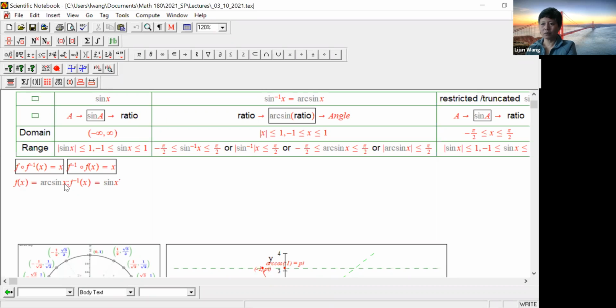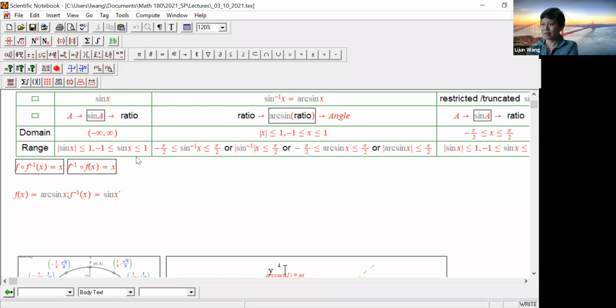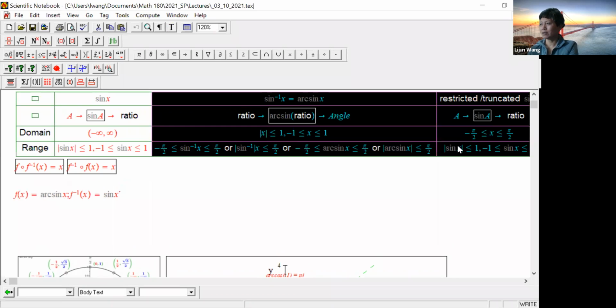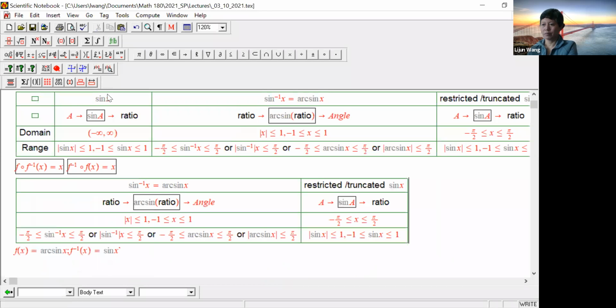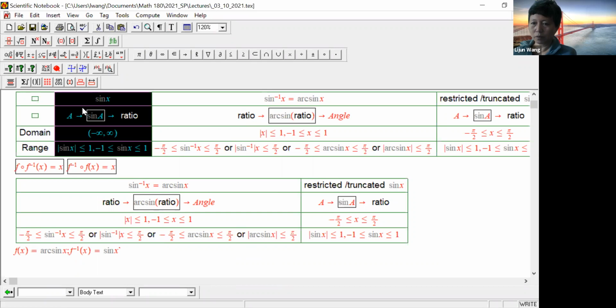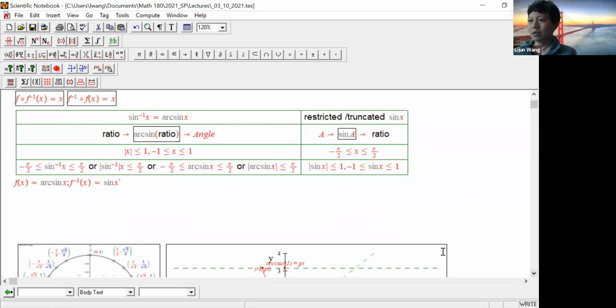But for the sine, we have to specify the domain and range. So what I'm going to do is take only this piece and put it over here. So just forget this for the moment. You're going to have plenty of time to work on that one.